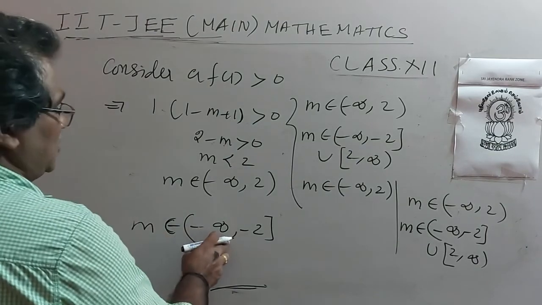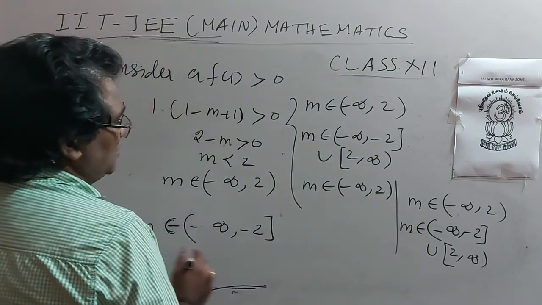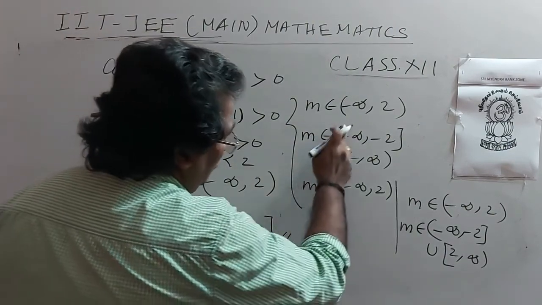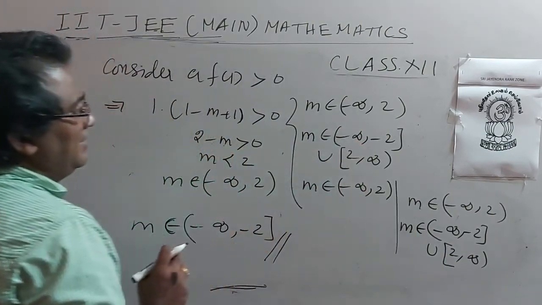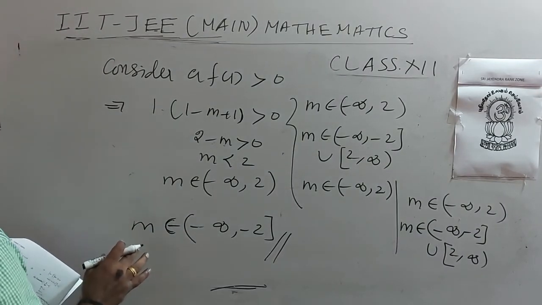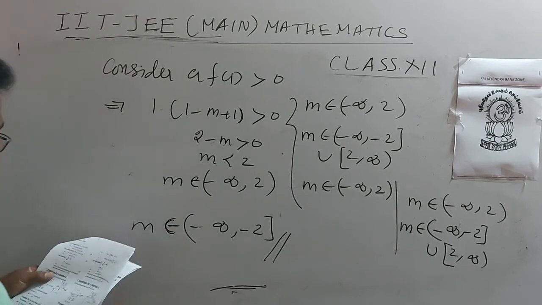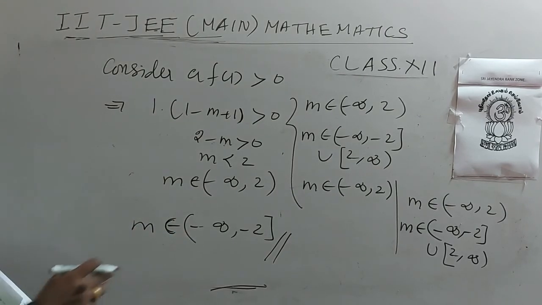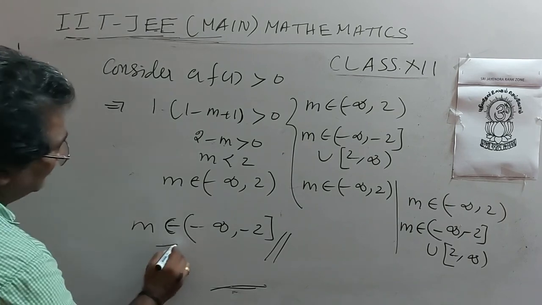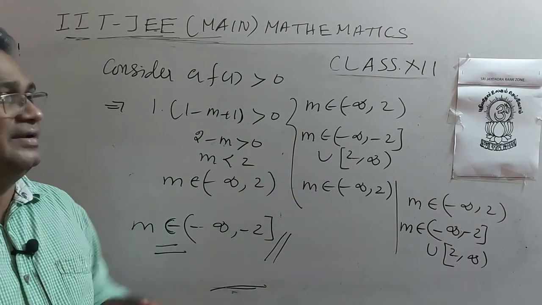Minus infinity comma minus 2 belongs to minus infinity comma 2. So this is the common region for these three inequalities. So the solution is m belongs to minus infinity comma minus 2, including minus 2. You have to write the common region for all these three intervals.